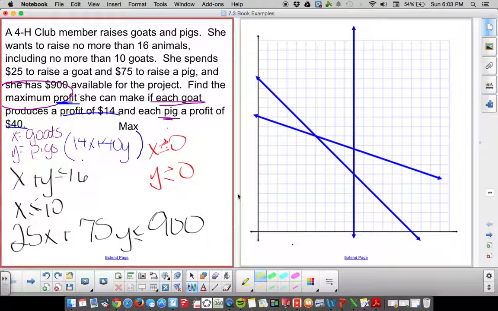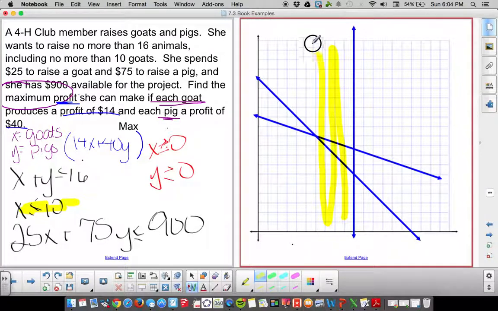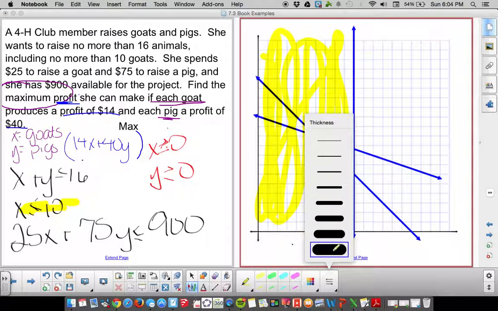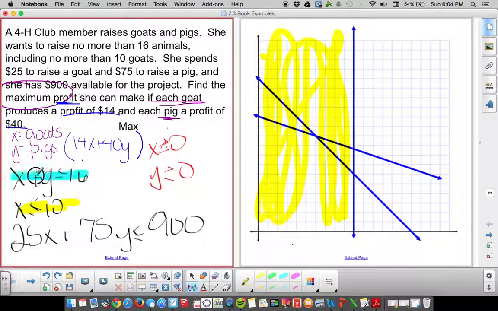So now that I have my lines graphed, I need to find out where I need to shade. Here, I know I'm going to have x less than or equal to 10, so I would shade to the left of that line. I know that x plus y has to be less than or equal to 16.